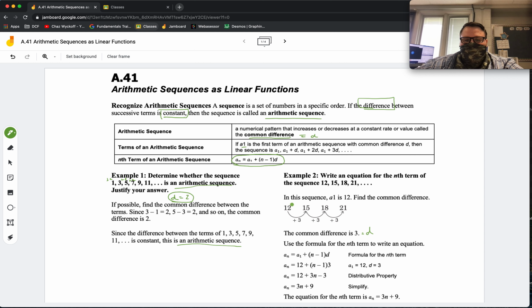A sub 1 is the first term, and our first term was 12, plus n minus 1 times D, and D was our difference, which was 3. Once we have this, we're just going to distribute the 3 into the n and the negative 1, and then we're going to simplify. So our equation is A sub n equals 3n plus 9.